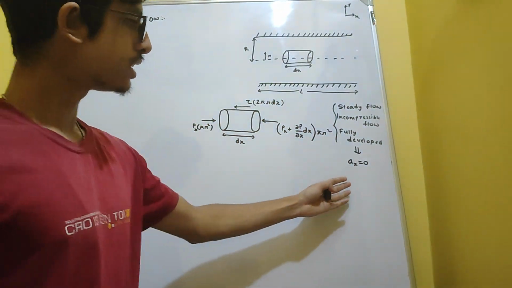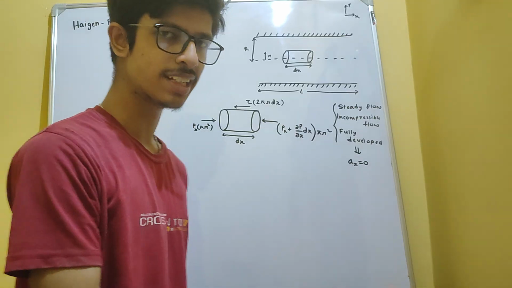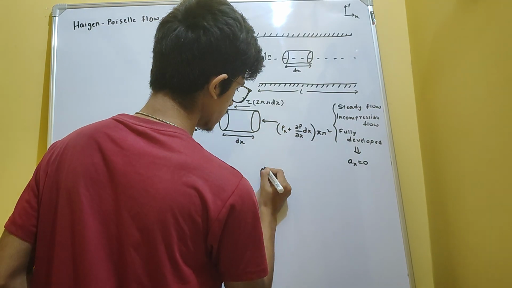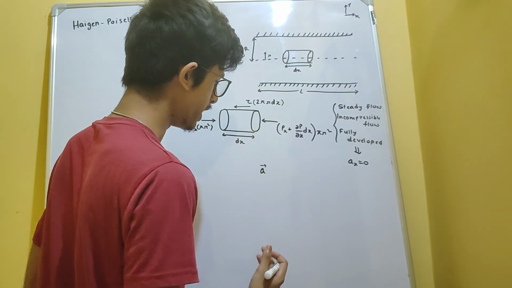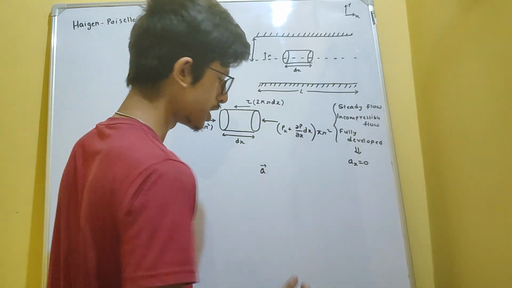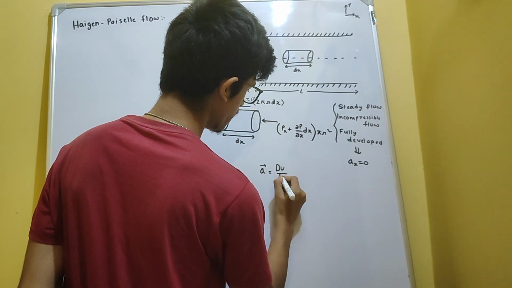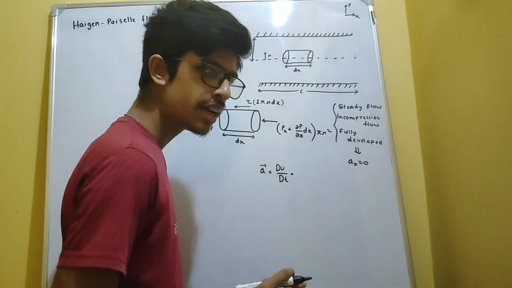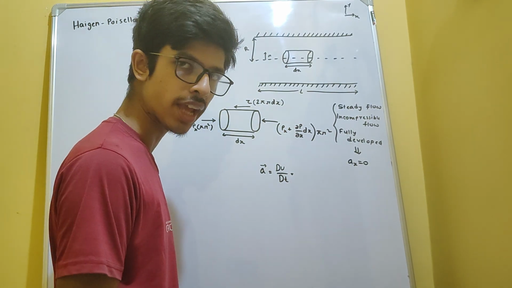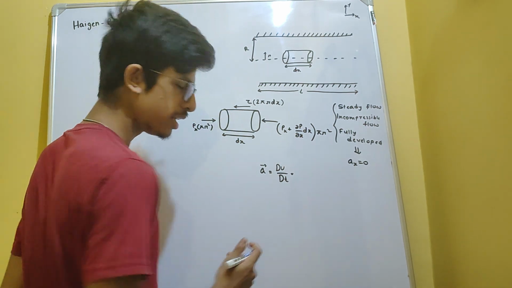You can also get this acceleration value from the acceleration formula. I am just giving you a rough idea of how the acceleration in the x direction is 0. So acceleration in the x direction will be du by dt, the total derivative of the velocity along the x direction by dt.